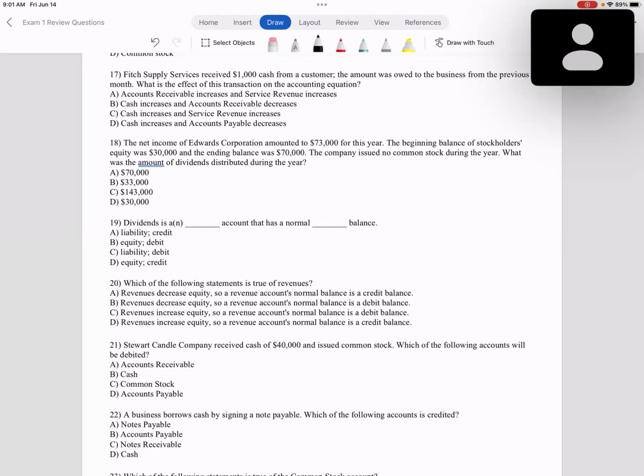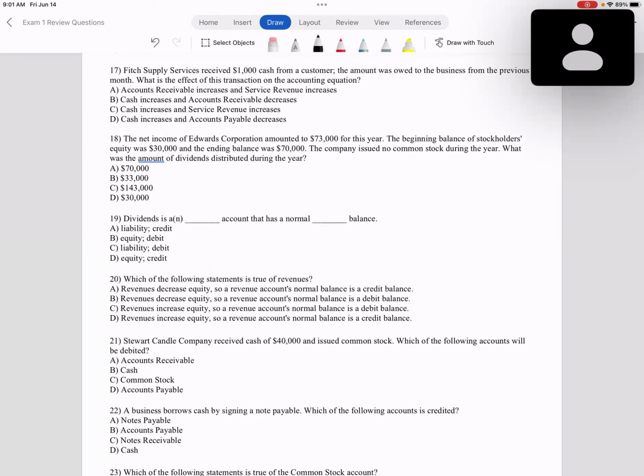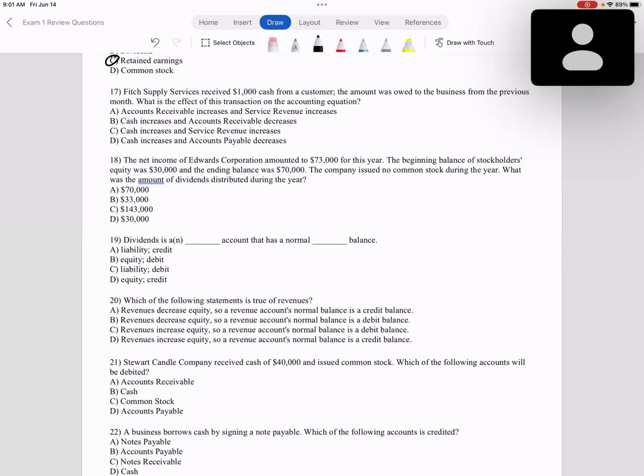So at that point, cash goes up, right? That's an asset going up, and they don't owe us money anymore. In the previous period, our accounts receivable would have gone up, and our service revenue would have also gone up.